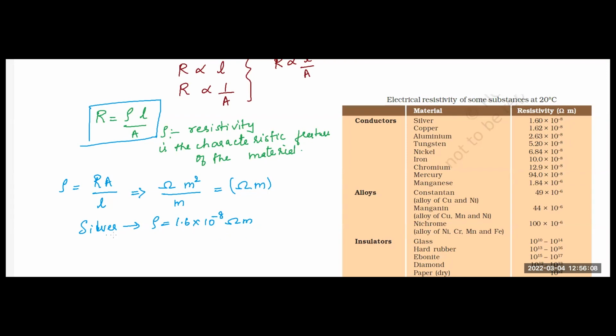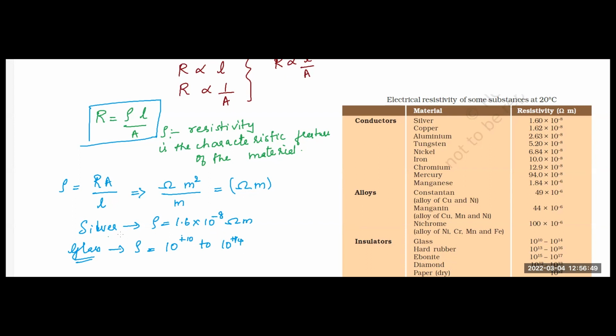Now compare that with an insulator. They have given three categories here: conductor, alloys, and insulator. Let us see an insulator; we can take glass. What is the resistivity given in the table for glass? The resistivity is in the range 10 to the power of 10 to 10 to the power of 14. When you compare these two, the resistivity of glass is a very high value compared with that of silver.